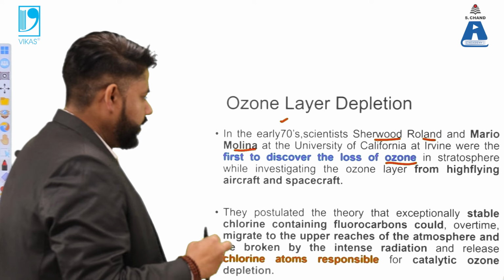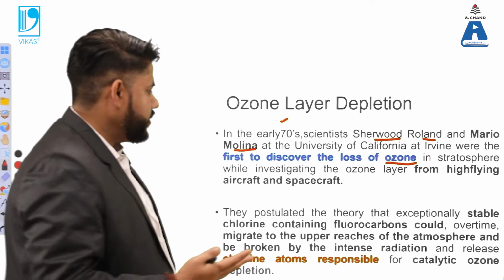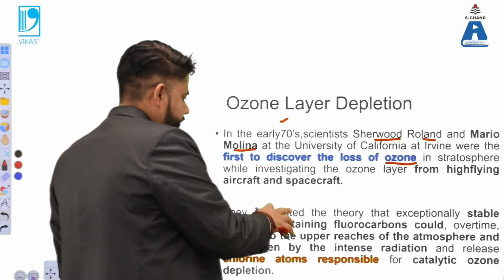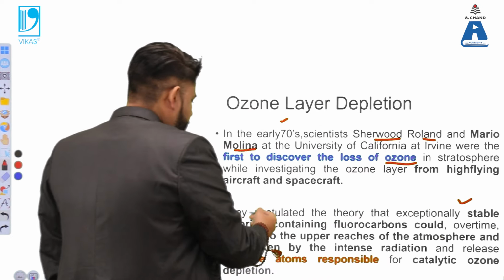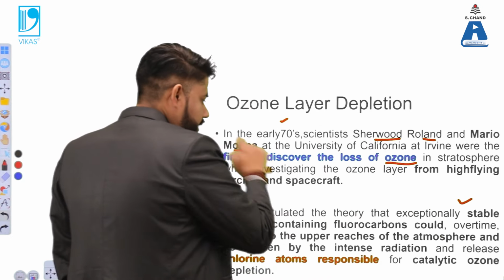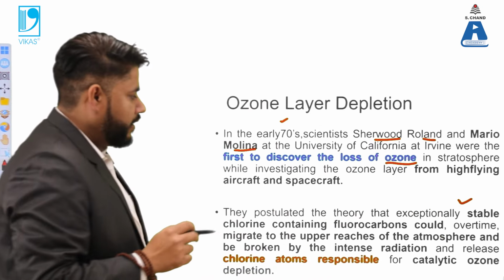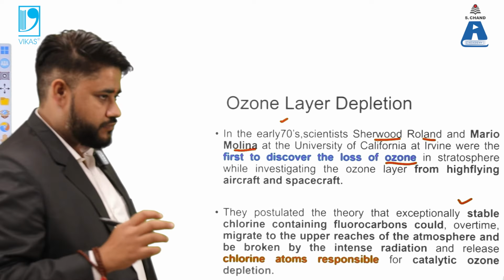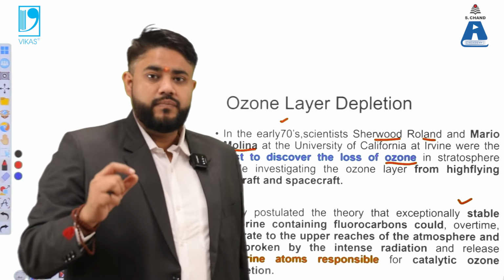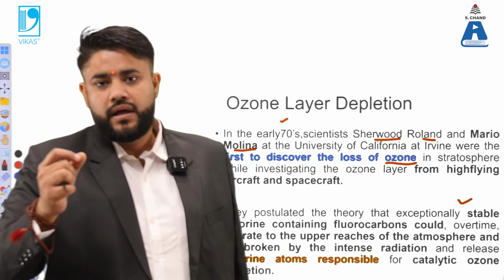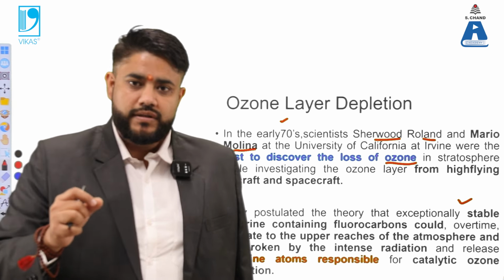And they finally came to the conclusion that this leads to exceptionally stable chlorine, which is particularly there in chlorofluorocarbons. Over a period of time, it breaks up certain layers of this O3.